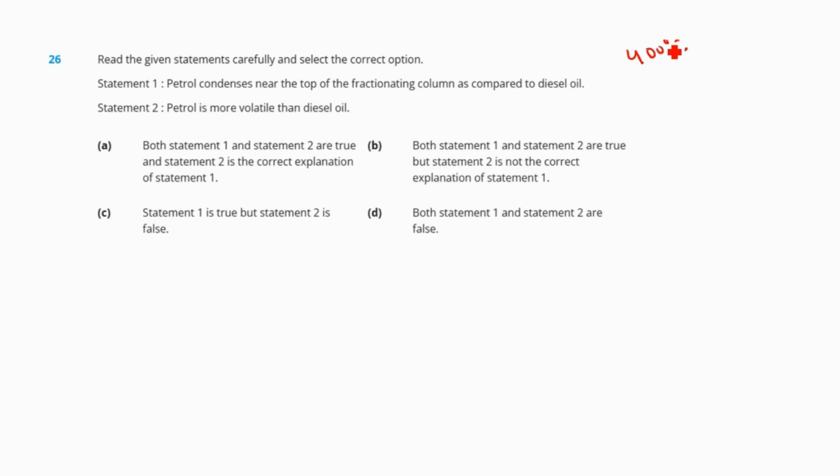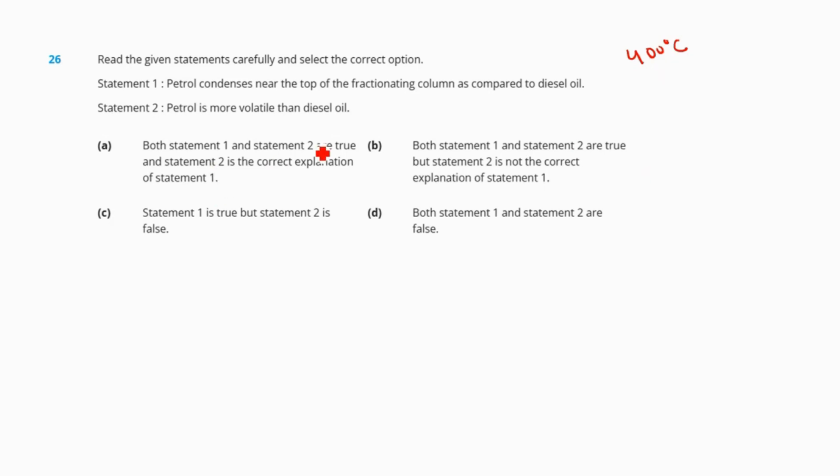So when the crude oil is heated to 400 degrees centigrade, the fractions with lower boiling point rise up the tower and condense at different levels in decreasing order of their boiling point. So petrol condenses near the top as it has lower boiling point and thus it is more volatile than the diesel oil. So here option A is correct.